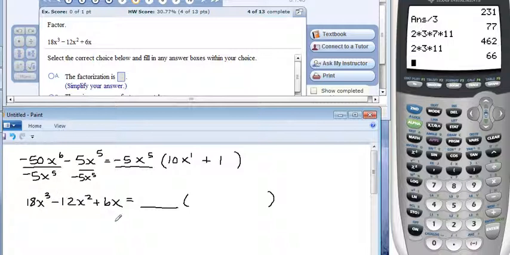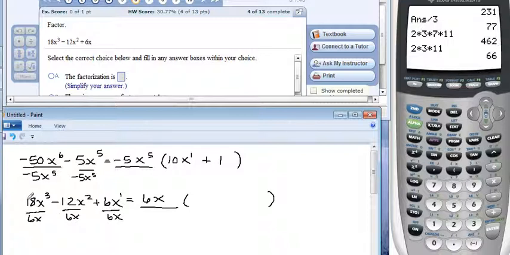Okay? 18, 12, and 6. What's the biggest number that goes into all of those at the same time? Well, a 6 does, right? This goes in there 3 times, 2 times, 1 time. So we're going to take out a 6. What about my variables? I've got a 3, a 2, and a 1, so I'm going to take out 1. So each piece gets divided by 6x.